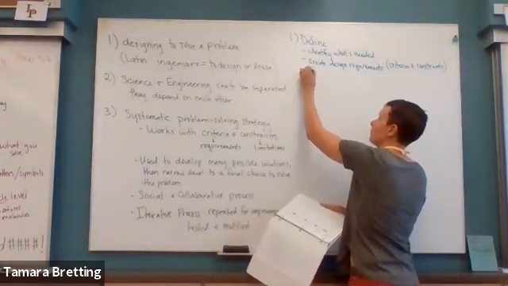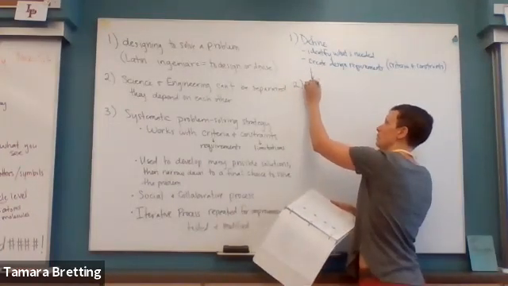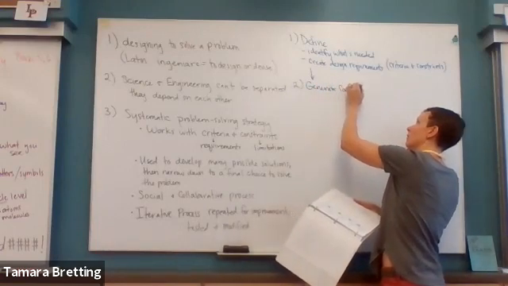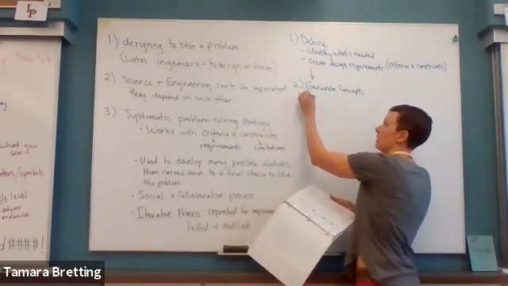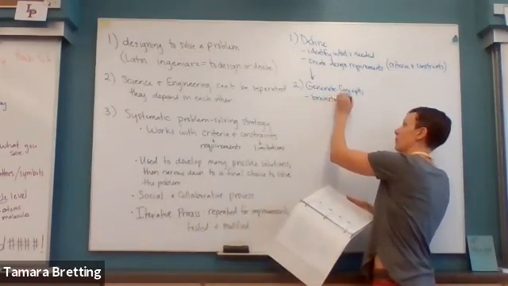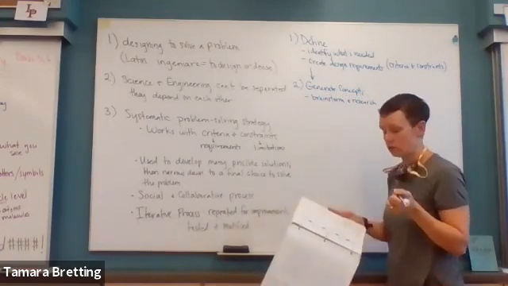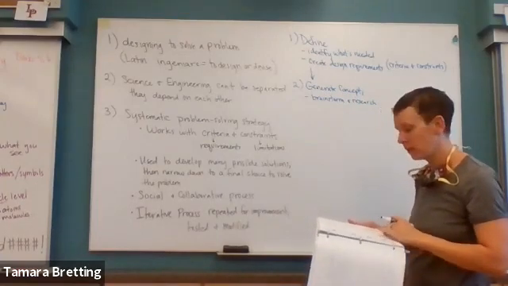Okay, after we define the problem, we're going to go to our second part of the process. We're going to generate concepts. This is going to be brainstorm and research. Try to find things that already exist that might be a good starting point.